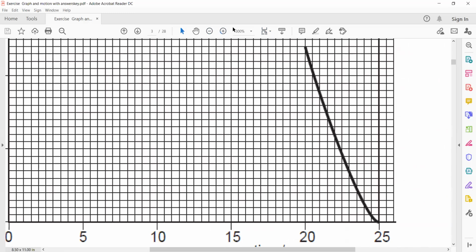The reason why I zoomed in is so that it will be convenient and easy to draw these lines. After every 2 boxes, I am drawing one vertical line, and after every 2 boxes, I am drawing a horizontal line.